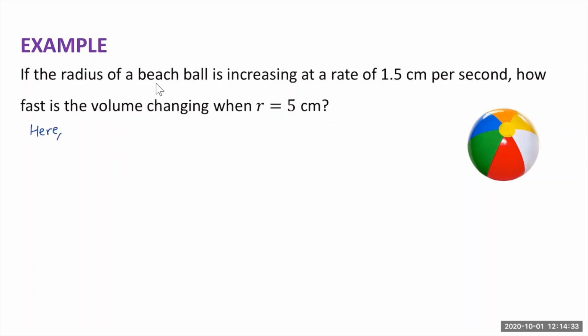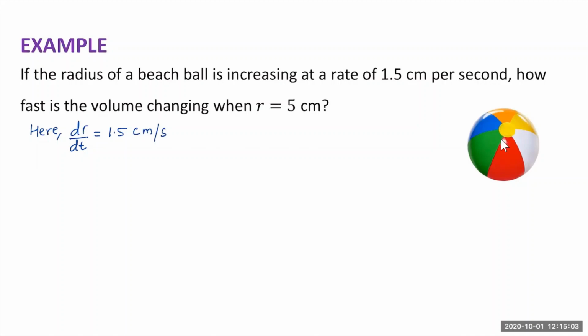If the radius of the beach ball is increasing at the rate of 1.5 centimeters per second, we are given that the radius is increasing 1.5 centimeters every second. So they have given dr over dt, change in radius with respect to time, is equal to 1.5 centimeters every second.